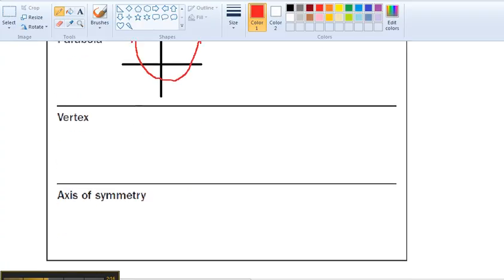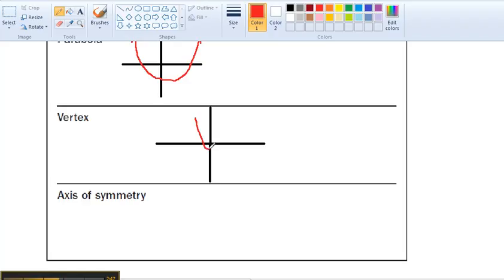All right, our next thing is the vertex, and I think we're going to do this as a graph too. So go ahead and give yourself another coordinate graph, and I'll make mine here with black. So a coordinate graph, and we'll make another little U-shaped graph.